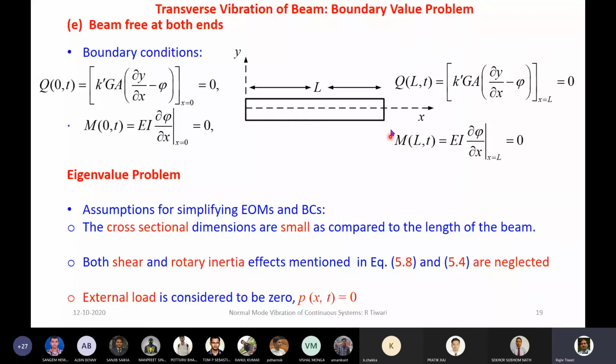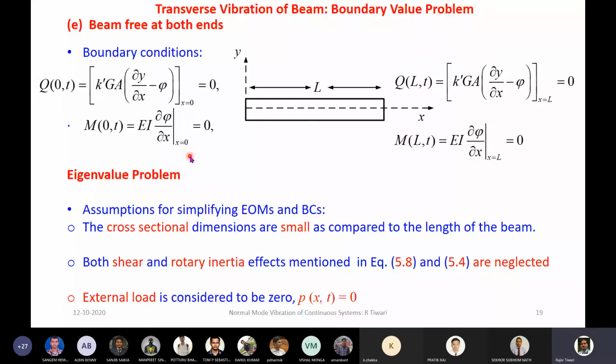Because both ends are free, they can have displacement and slope. So the bending moment and the shear force will be 0 at this end and this end also. Both the ends will have bending moment and shear force 0.